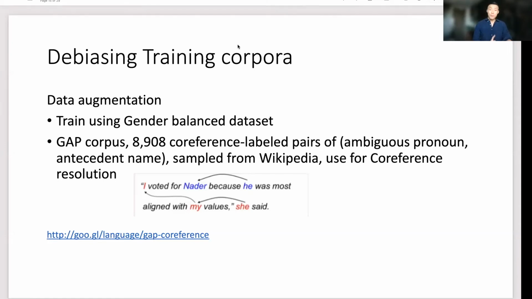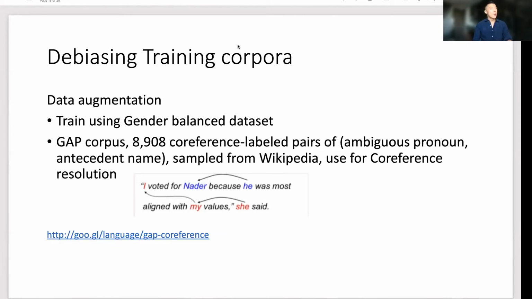So we try to augment it. Modify it, usually we try not to do that unless we have a very good reason for it. And this is one of the good reasons for it. So we try to make the data more gender balanced. So how do you do that?